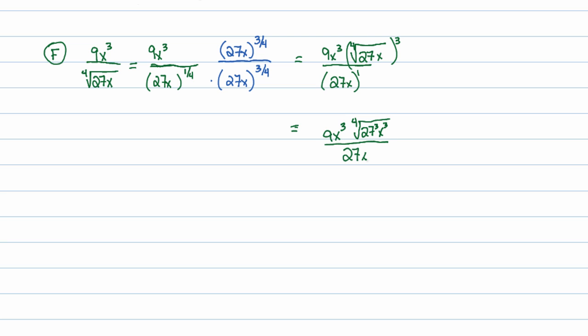Oh, this can simplify. 9 goes into 27 3 times, and x goes into x cubed, x squared times. This will be x squared times the fourth root of some horrible number to the third power, x to the third power, all over, let's see, 9 goes into 27 3 times.